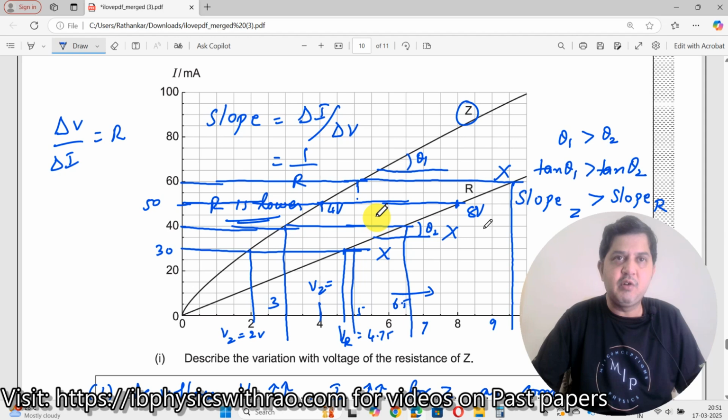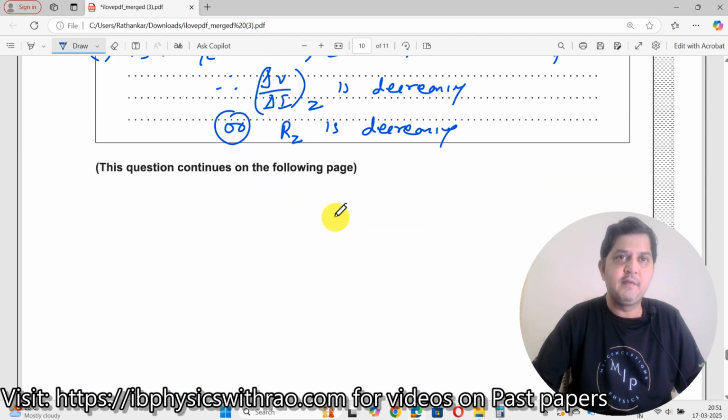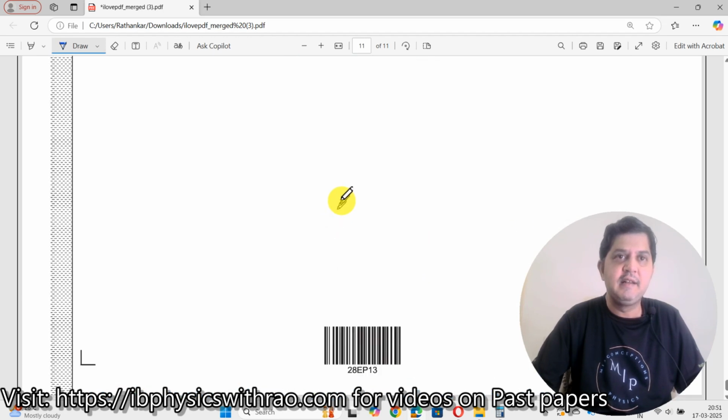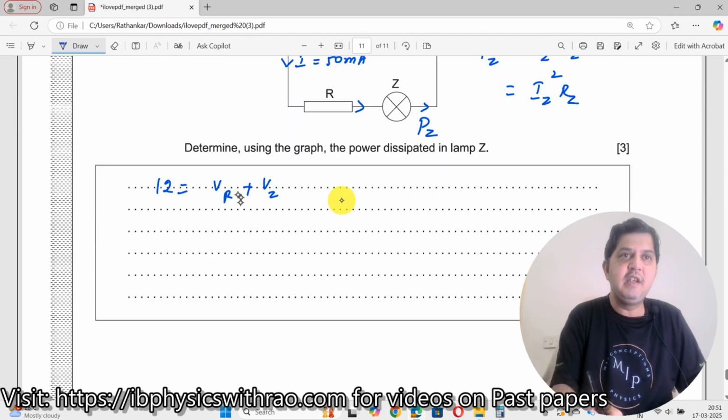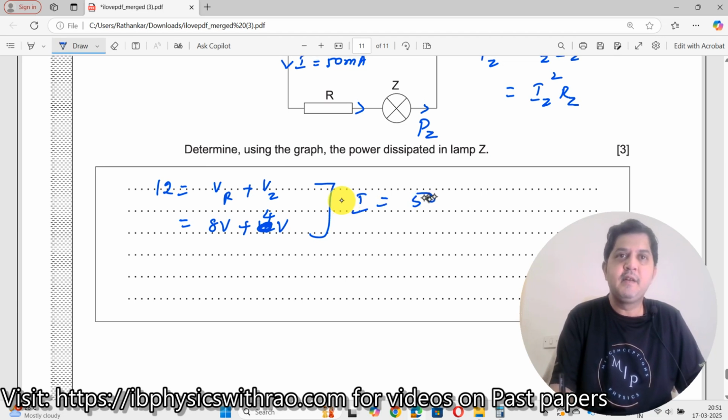So VR equal to 8, VZ equal to 4. Let me just write it out here. VR is equal to 8 volt, and VZ is 4 volt, and the current at these voltages is seen to be 50 milliamps.